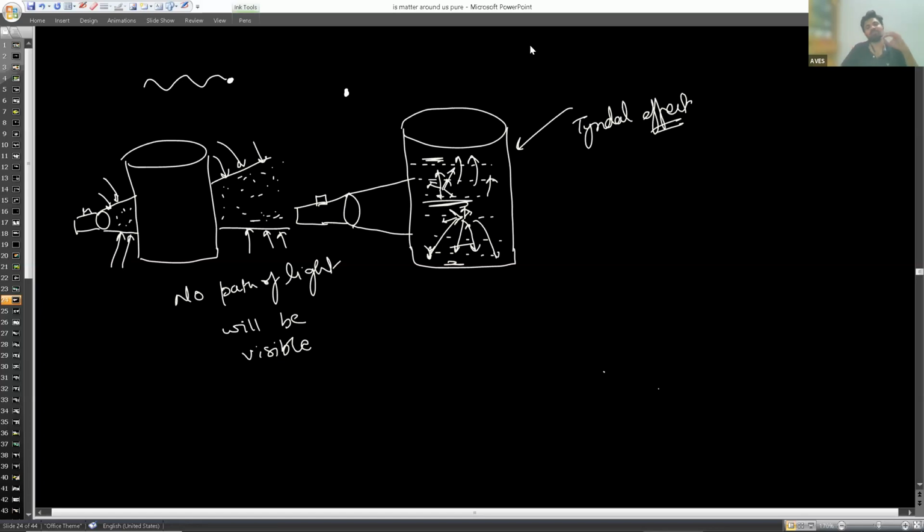So the path of light is visible only if the particle size is big enough that when the light is moving, it gets scattered by the particles.